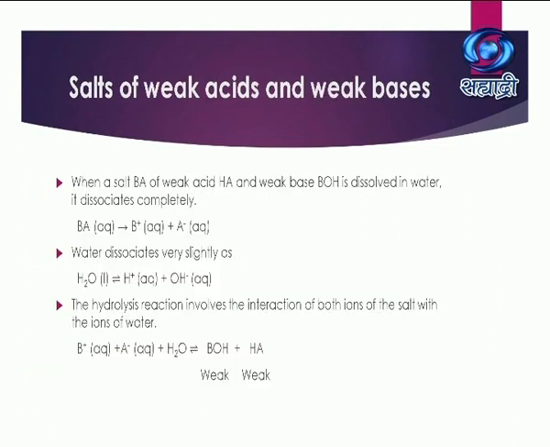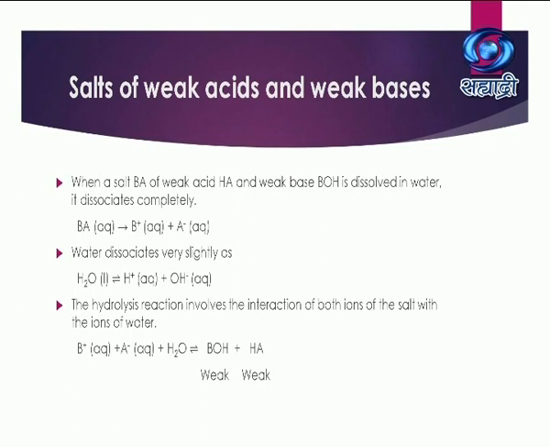Now let's consider the last type, that is salts of weak acids and weak bases. Let us consider a general salt BA, which has weak acid HA and weak base BOH. So BA dissociates completely, giving B+ and A- ions.